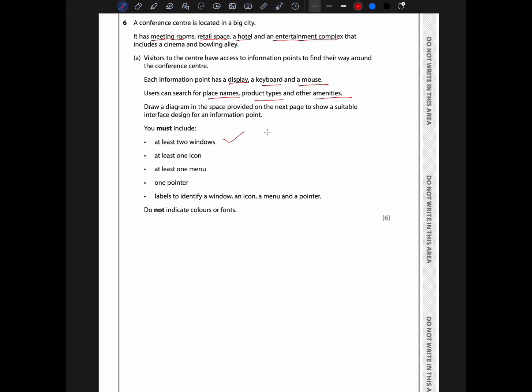Pointer means the cursor. Now I'm moving it, this is an example of a pointer. Label to identify a window, an icon, a menu, and a pointer. So we have to do the labeling, but we don't need to indicate any color or fonts. For the 6 marks, first of all, at least 2 windows.